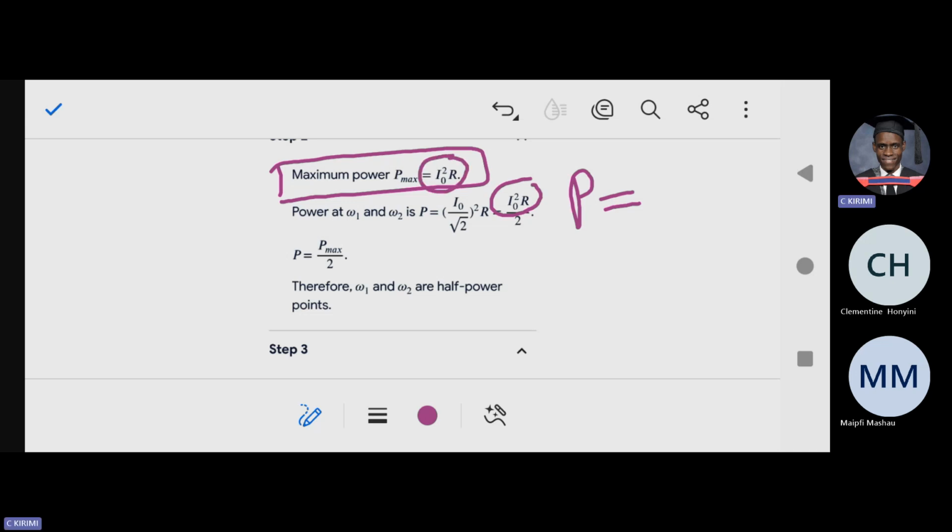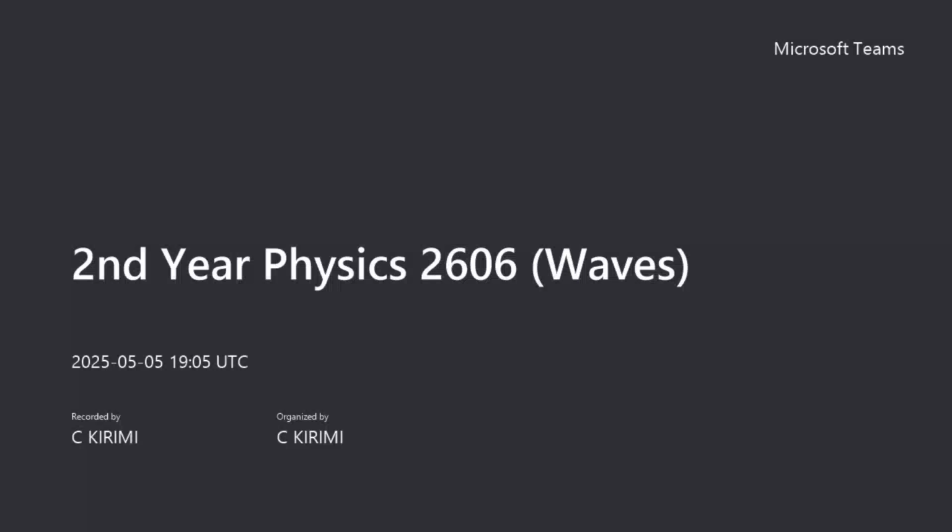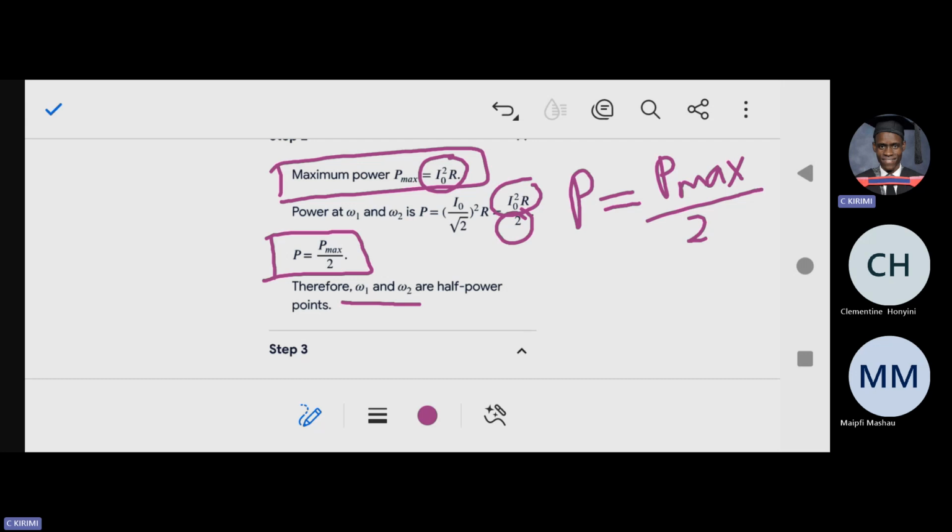So you replace that with P max over 2. So if this condition has been met, to say P is equal to P max over 2, therefore we conclude that W1 and W2 are half power points.